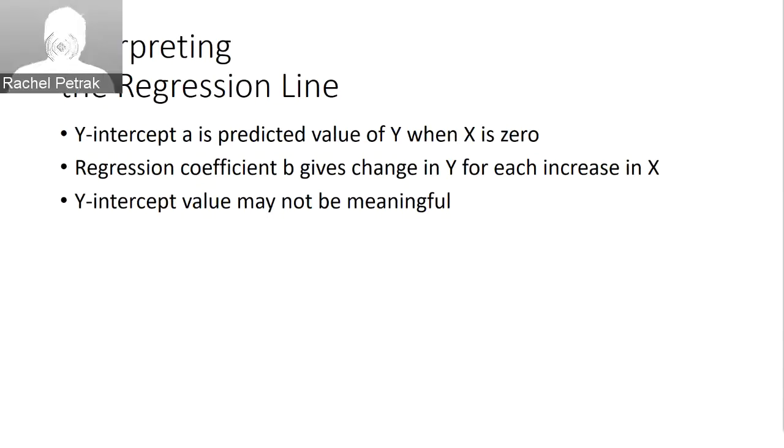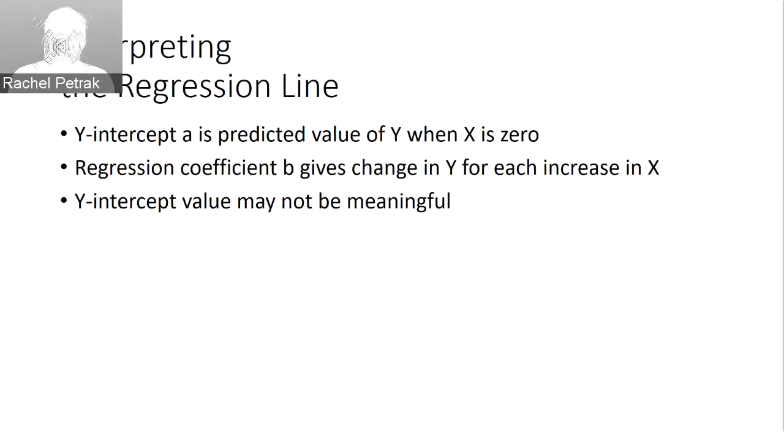In interpreting the regression line, we think about the following values. You've got the y-intercept, A, and this is the predicted value of y when x is 0. We discussed this already a bit in our chapter 7 lecture. And the y-intercept may or may not be meaningful. It depends on your data.